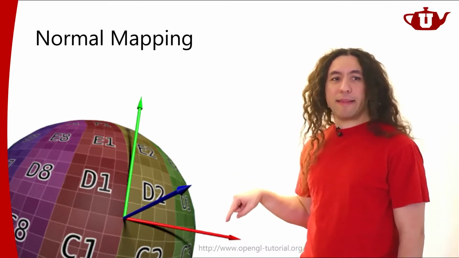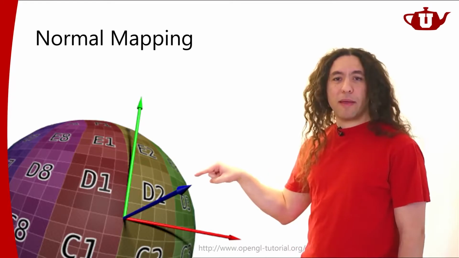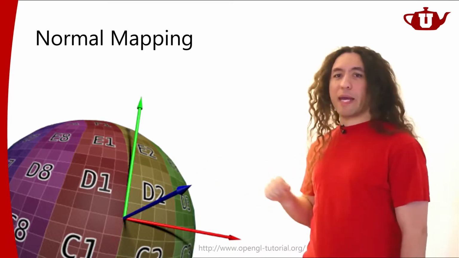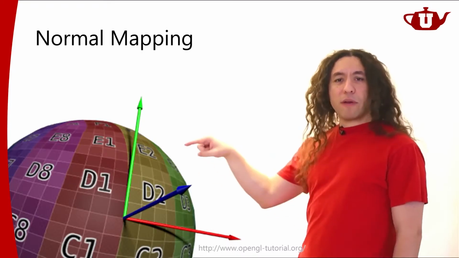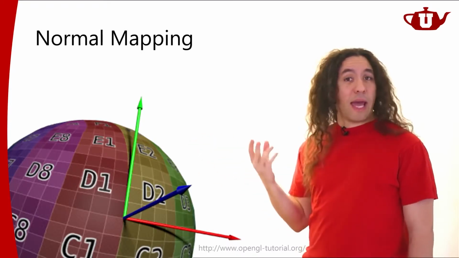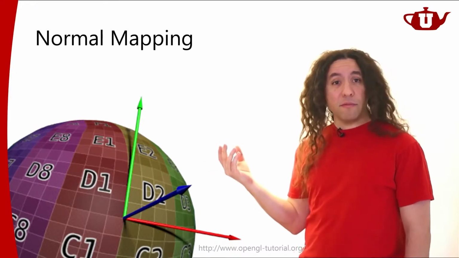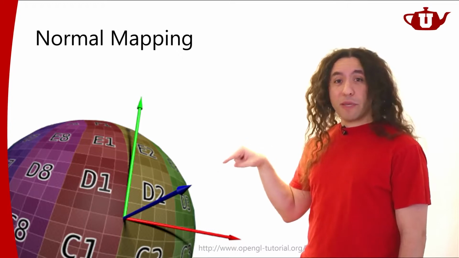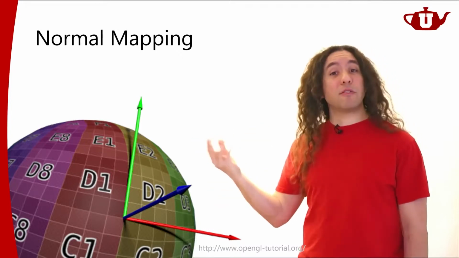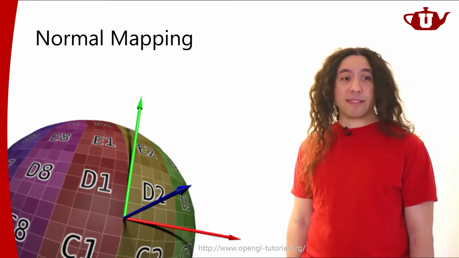So this will be in the direction of u, this will be in the direction of v, and this will be in the surface normal direction. So you get a coordinate frame like this. So given this coordinate frame, you can take any normal map RGB color value, map it into XYZ for this coordinate, and then from this coordinate, you can transform it to whatever coordinate you will need. Right? So that's the idea.